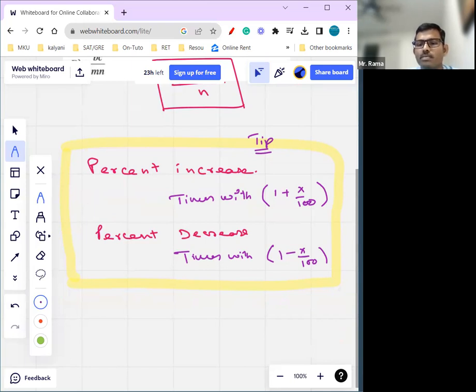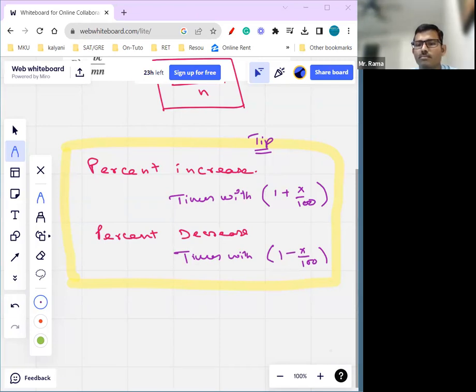So what do you mean by multiply 1 plus x over 100 and multiply 1 minus x over 100? We can check that right now. Let's try to answer a question on it, so that I can explain the technique with the question.